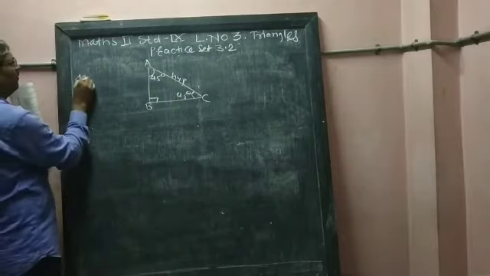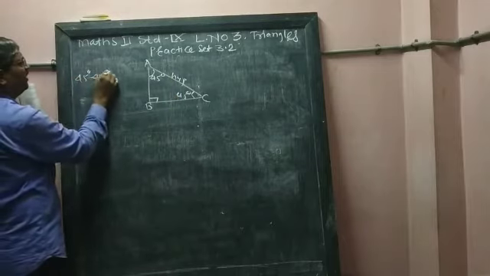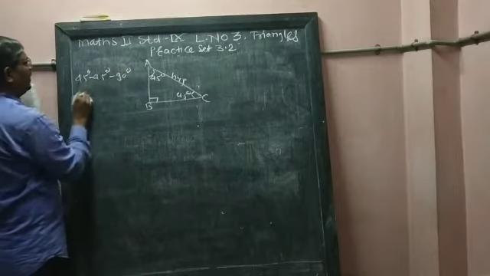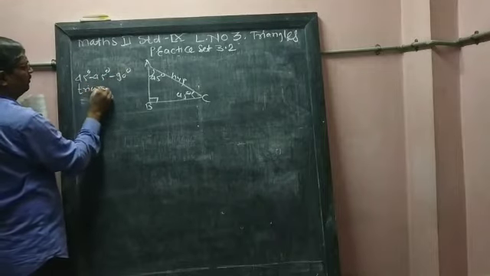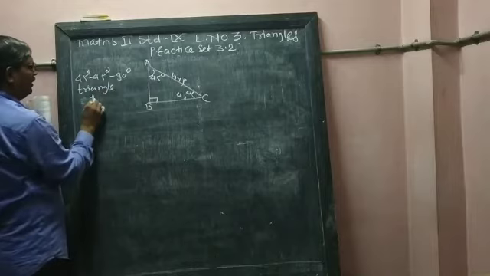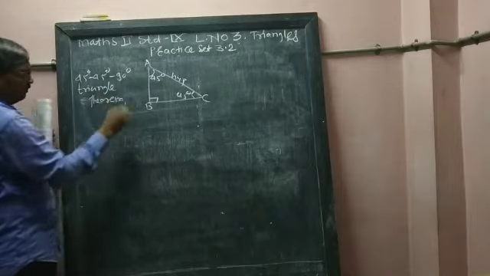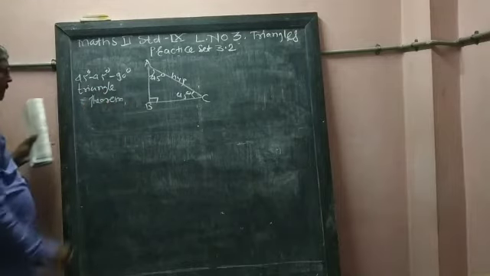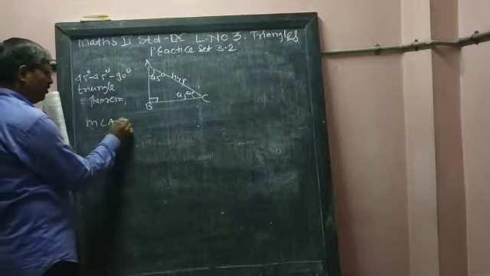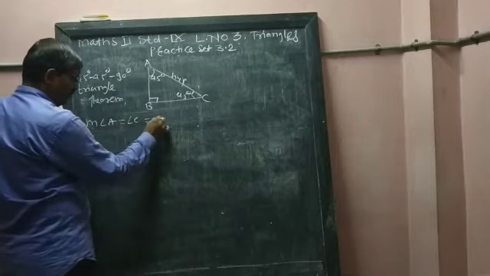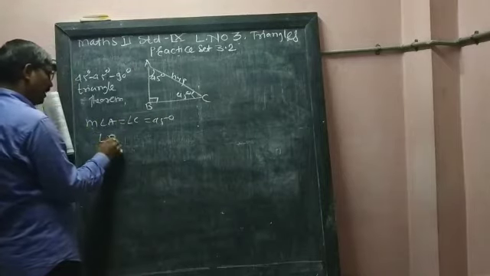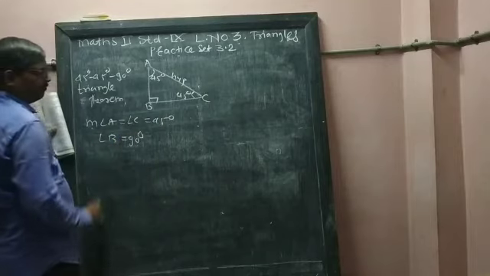So what will happen? 45 degree, 45 degree, 90 degree triangle theorem. Okay. We will mention angle A is equal to angle C is equal to 45. Angle B is equal to 90 degree.